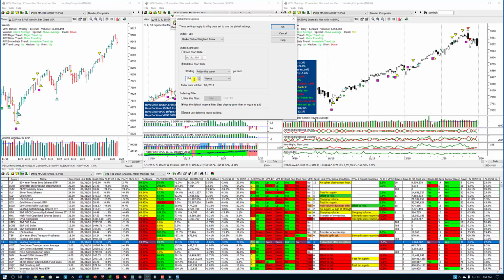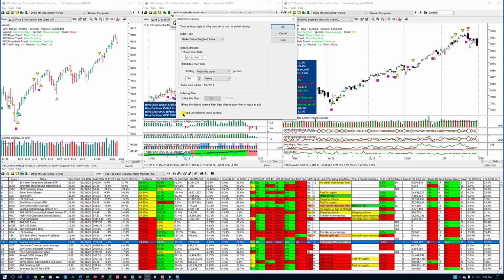The reason I did that is I wanted to see the group indicator appear for a longer period of time when I'm doing analysis. And I also went from equal dollar weighted to market value weighted to give more emphasis to the larger cap institutional stocks. So these settings are what I use.